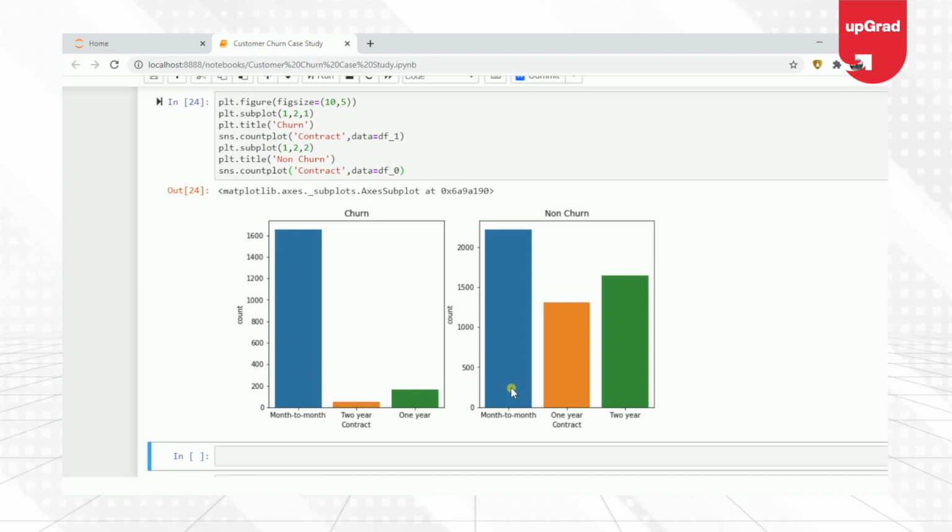Not exactly, it cannot be the reason for churning, but the people who were in the 2 year contract are actually churning from the company here. And in the non-churn also, there are a lot of people who are having the 2 year contract. So this is not really showing any strong pattern or relation in the people who are leaving the company based on the contract type. This is more of a uniform understanding.